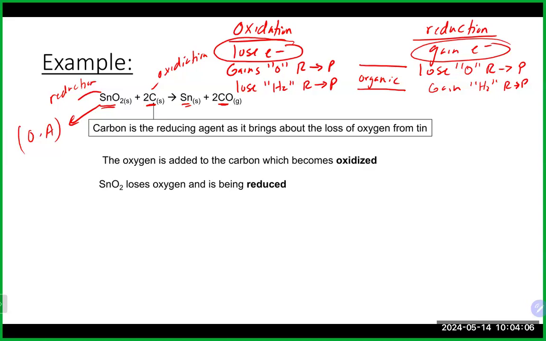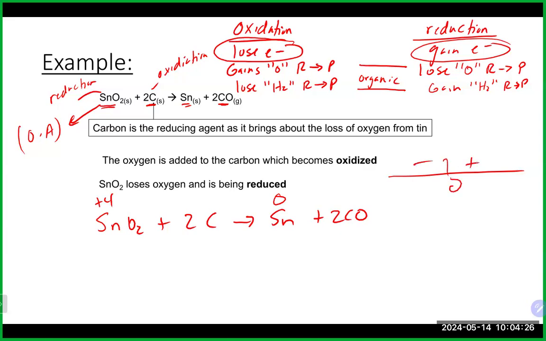Now, in this case, we actually do have a metal we could look at, and even if you weren't sure about those other definitions, you could still just use the metal to help you figure out what's going on. Again, the tin here is a +4, and over here our tin is 0. So if we look at our number line, we're starting at +4, we're ending at 0.